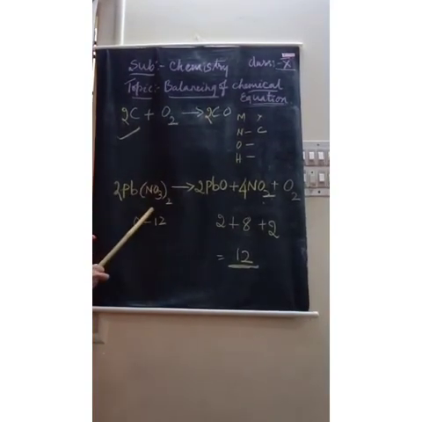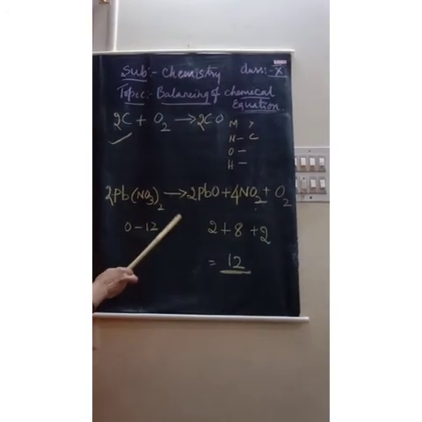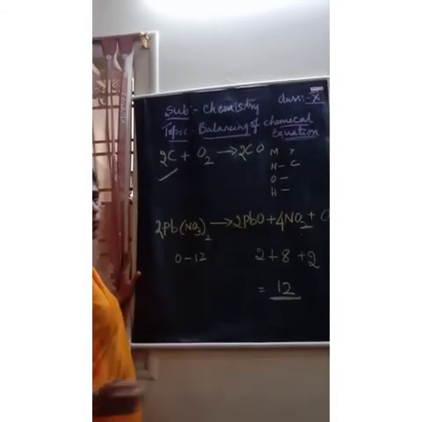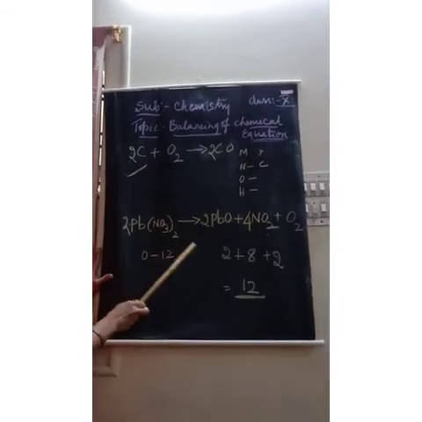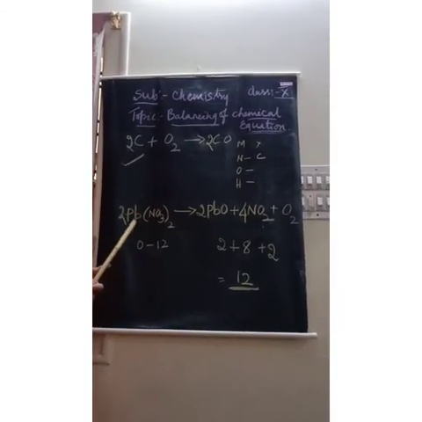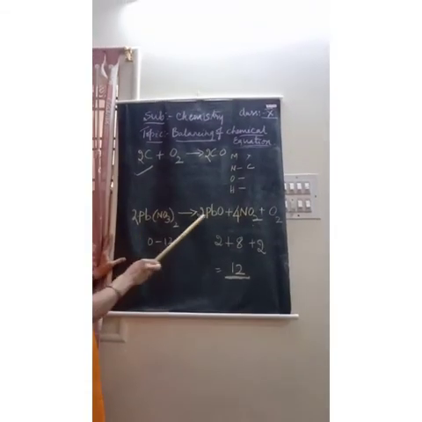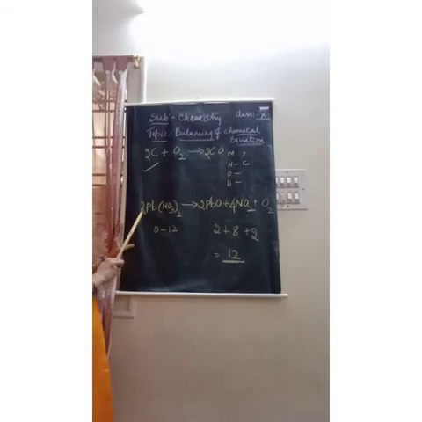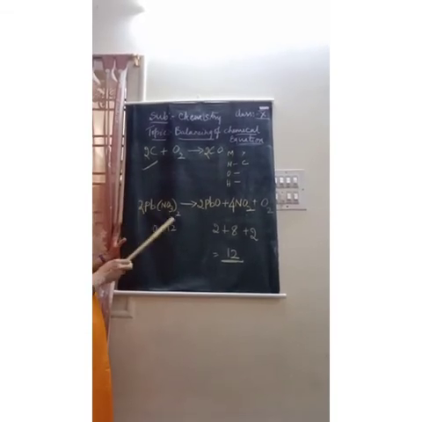Once again I will say now. Lead nitrate undergoes decomposition to form lead oxide, nitrogen dioxide, and oxygen. What is the first step, children? The metal. Which is the metal they have given? Lead. What is the metal balancing number here? 2. I put 2. Clear? What about nitrogen, children?